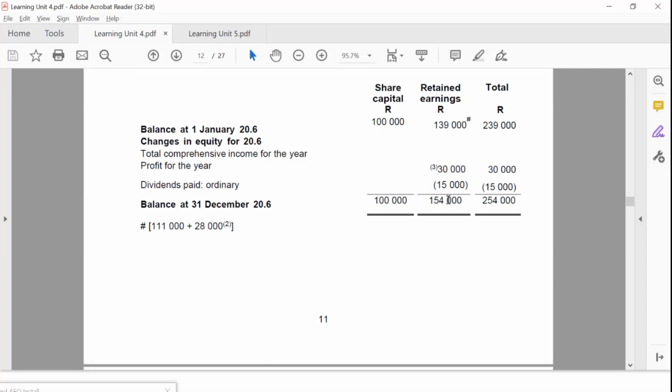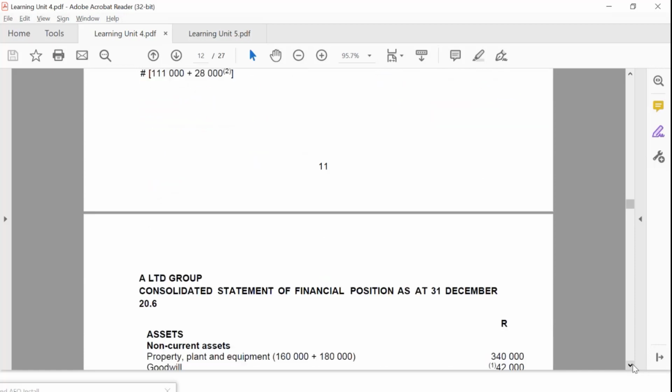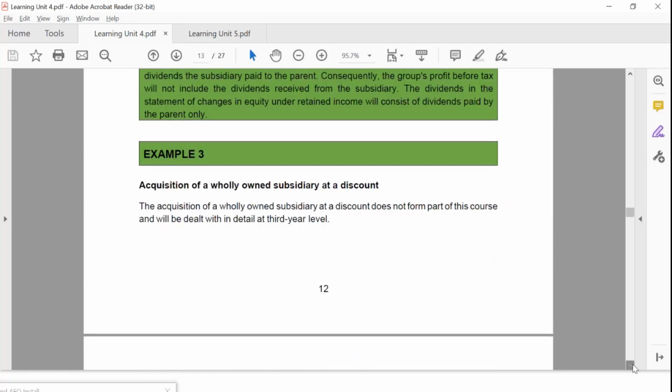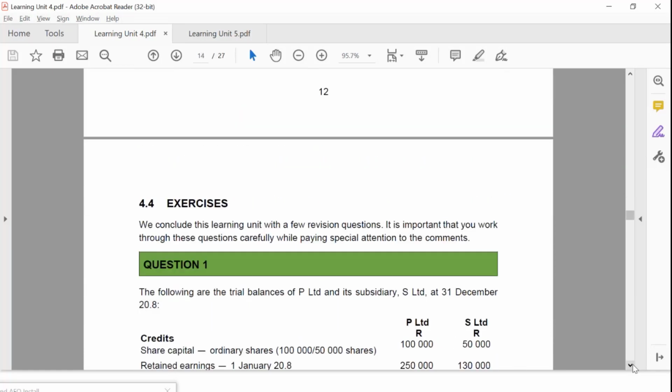I want you to look at a partly owned subsidiary, just look at it. The only difference that will come during consolidation for a partly owned subsidiary is when there is a dividend and you have to apportion it.